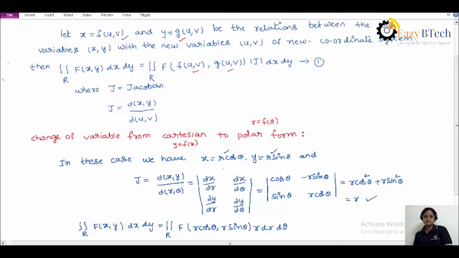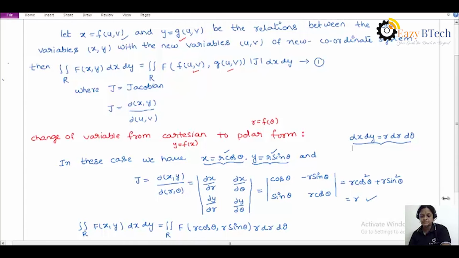So these 3 substitutions we are using when we are changing Cartesian form to polar form. The 3 substitutions are x is equal to r cos theta, y is equal to r sin theta, and the value of dx dy is r dr d theta. Okay students. Now the problems related to this topic.